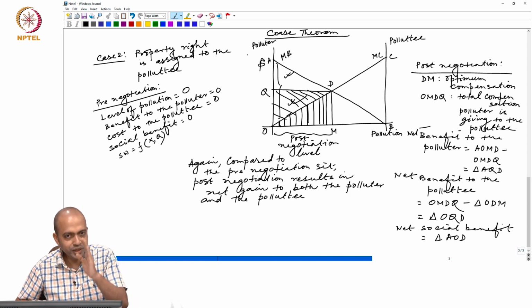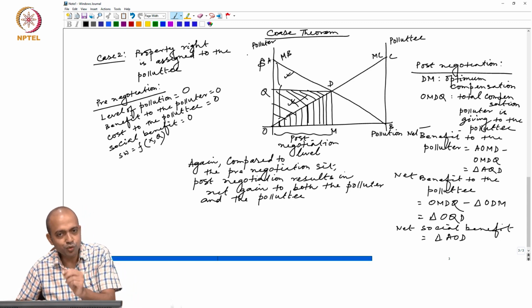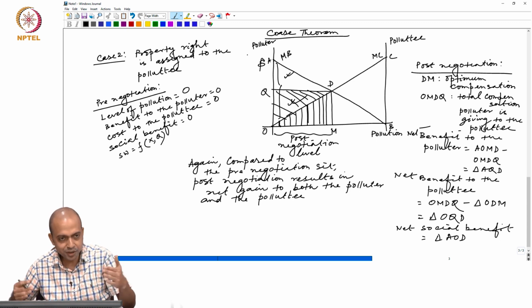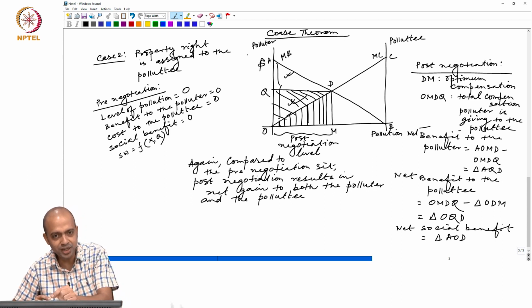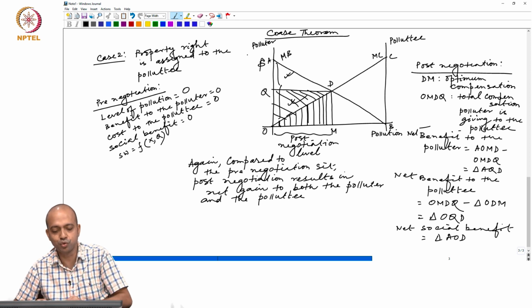So, one thing is clear, that whether you give property right to the polluter or to the pollutee, if they can bargain with each other costlessly, then that will result in the same efficient level of pollution, which is OM.